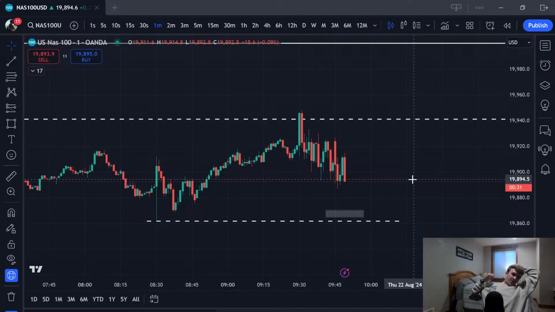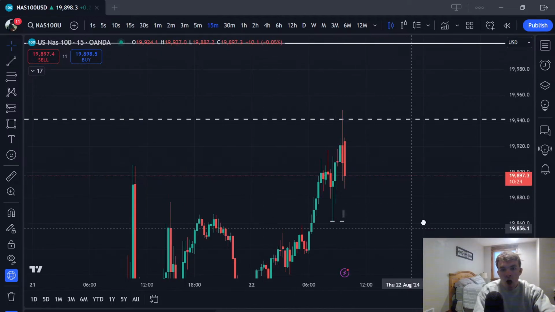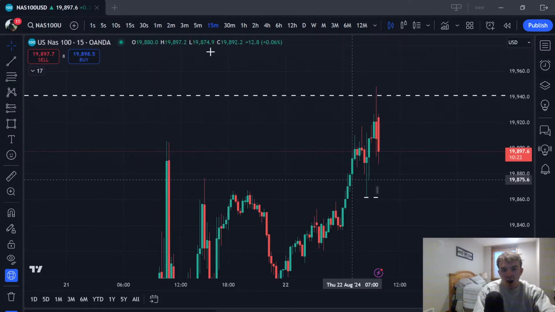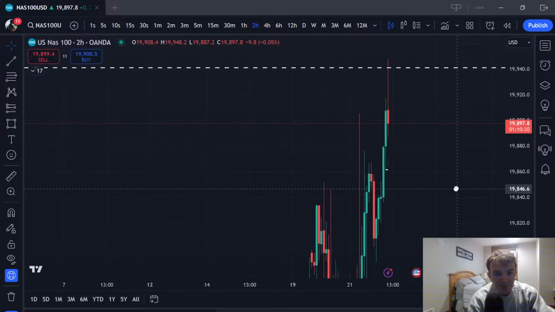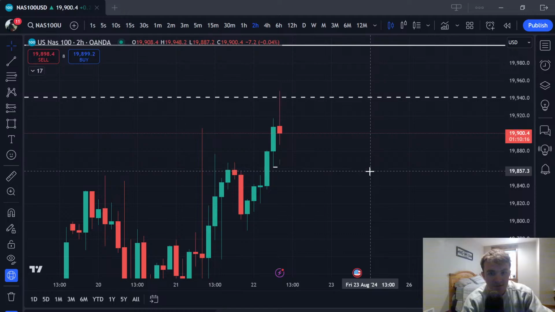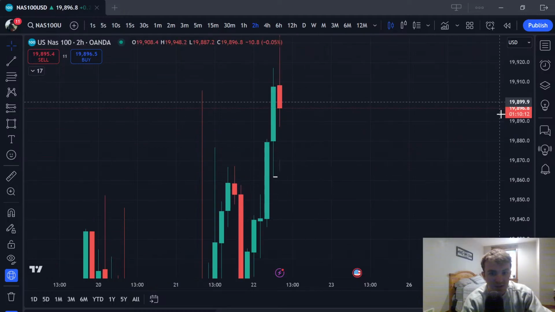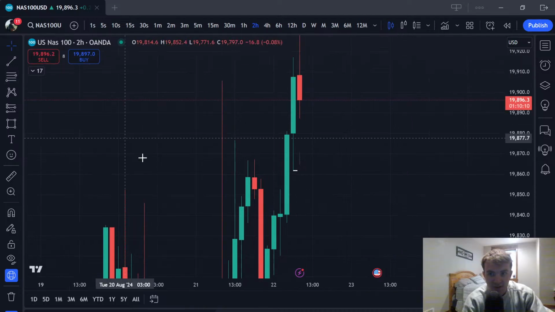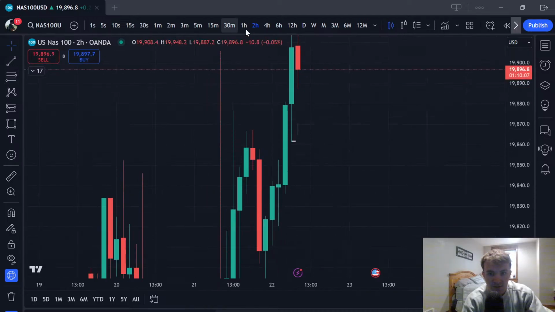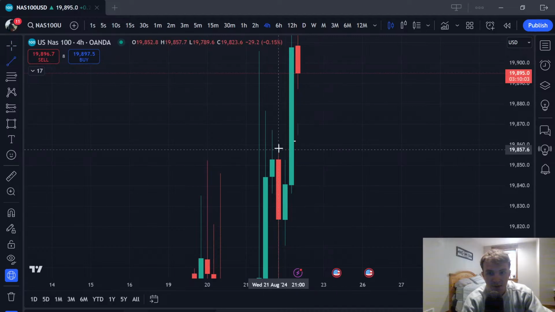Looks like we're coming for the data low. Yeah, so I could definitely see a sweep of this data low into a push into this 2-hour order block. So this is kind of like a 2-hour order block, or this is a 4-hour order block right here, right?